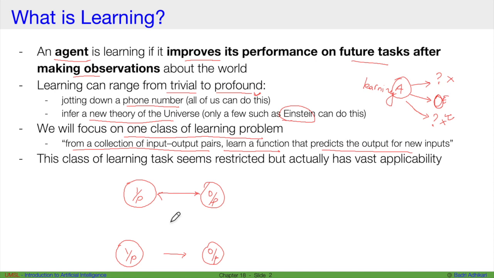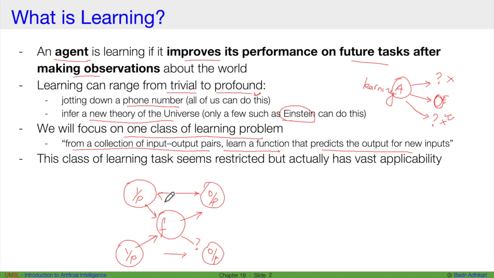What we would like to do is build a function f that learns from these input and output pairs so that when we feed the new input to this model, it can make predictions of these outputs. So this class of problem is what we will focus on in this chapter.